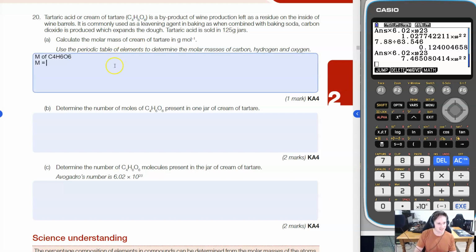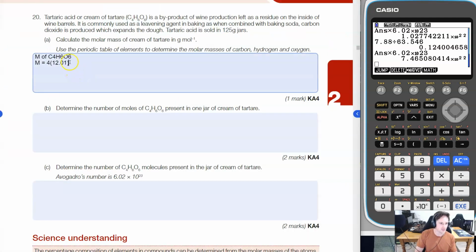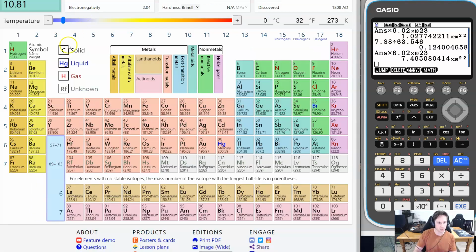So the molar mass is going to be 4 times 12.01. Now that's because there's 4 carbons, okay? So if I go here, carbon, the molar mass is 12.01. That's 12.011 on this periodic table, but I'm used to doing it like this. So I'm just going to do what I normally do, plus 6 hydrogens, which is 1.008. And if I quickly check over to my hydrogen, you can see it's 1.008.